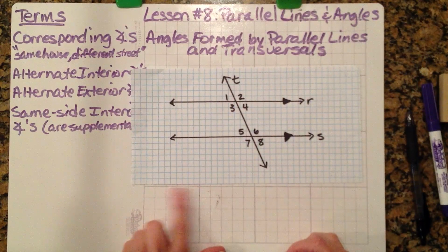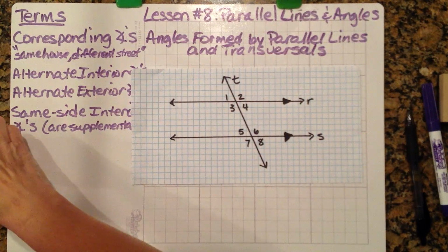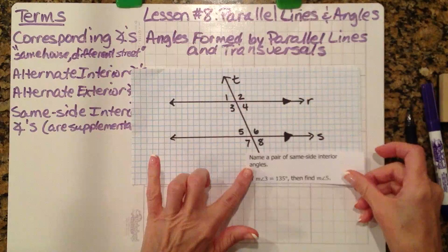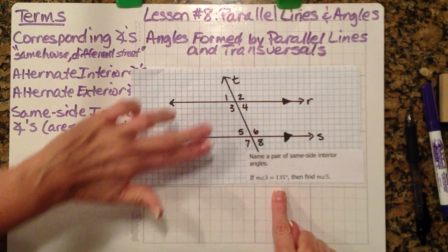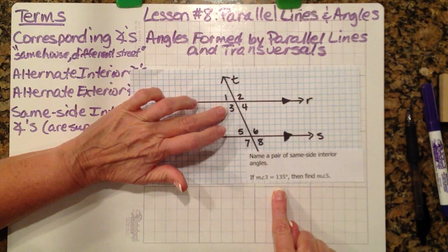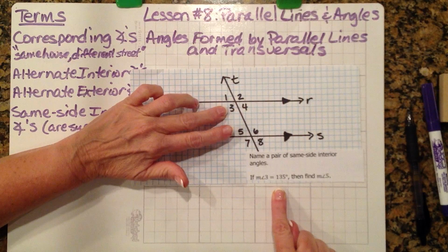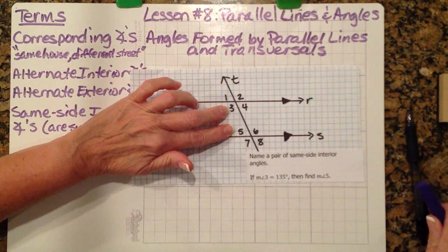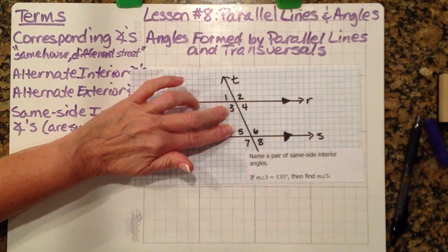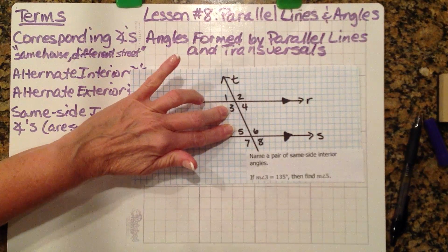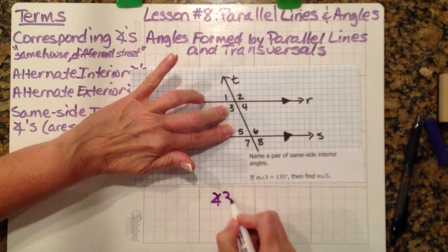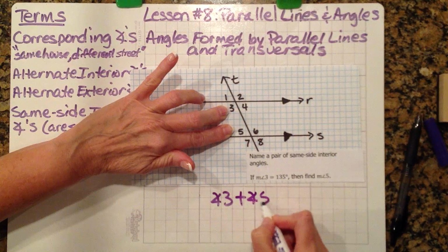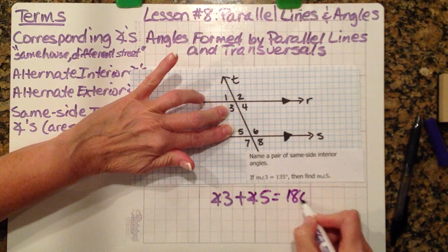So let's look at an example. Okay. If I have angle 3, that's 135 degrees, then I want to find the measure of angle 5. Well, angle 5 is not 135 degrees because angle 3 plus angle 5 is equal to 180 degrees.